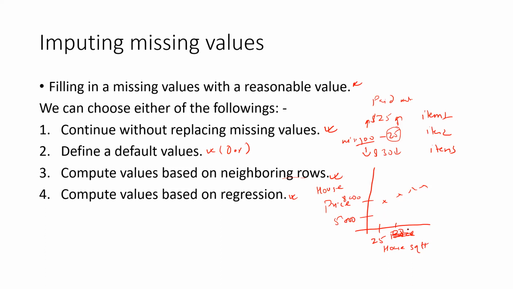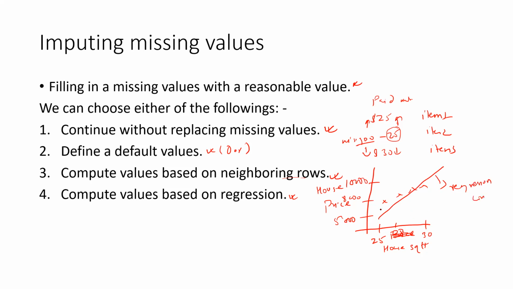In this way we can predict that my 30 square feet house will have some higher price, so you can fit a line. This line is called a regression line.